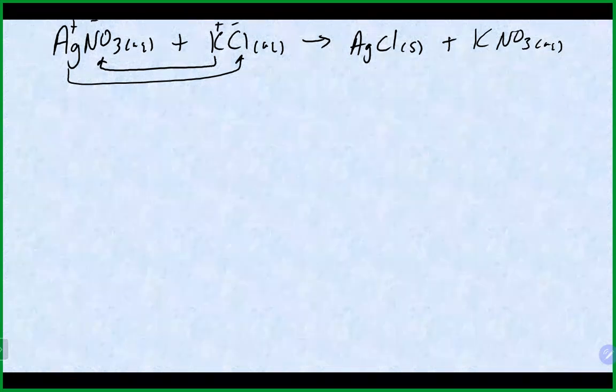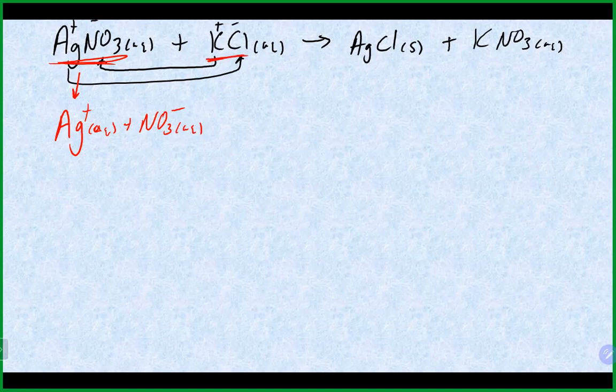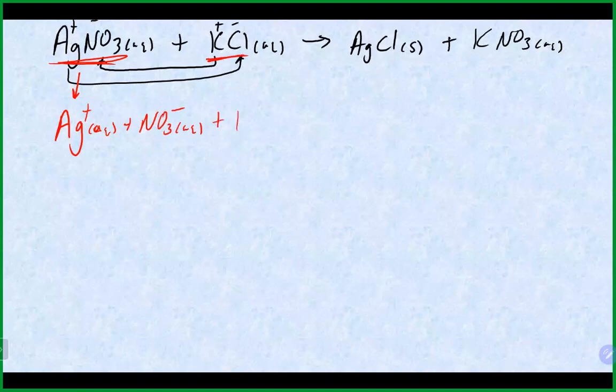So again, this is going to be a strong electrolyte, so we're going to break this guy apart. So that is going to be a silver ion, and our other guy there is our nitrate ion. Potassium chloride, also a strong electrolyte, which will break apart into one potassium that has a +1 charge, and our Cl, which is group 7, has a -1 charge.